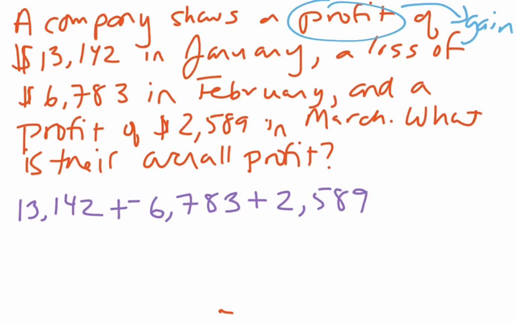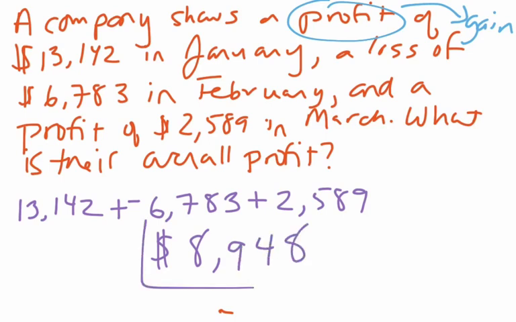So 13,142 plus negative 6,783 plus positive. You don't really have to say plus positive. I have a lot of students that say plus positive, but that is not necessary. And we end up with a net profit or overall, the word from the last slide, of $8,948. So try to keep in mind not just the signed numbers, but also some of the applications, the areas where you would see signed numbers happening.